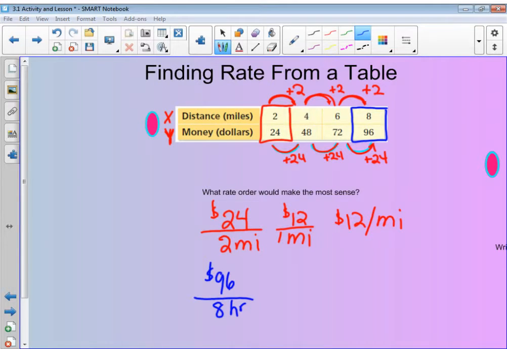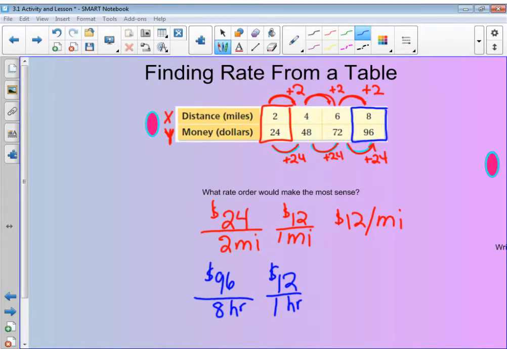So 96 divided by 8 gives me 12 once again. So I just found out that this is still $12 per 1 mile. It's an ugly dollar sign. Okay, so we get the same answer no matter what set we use.